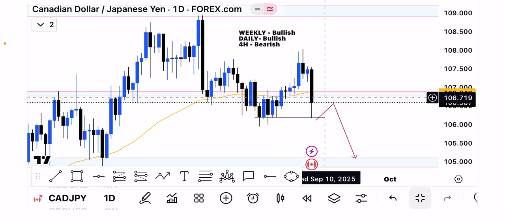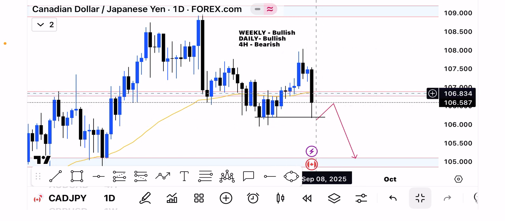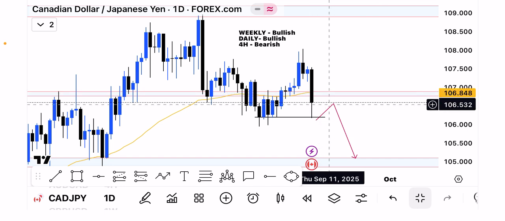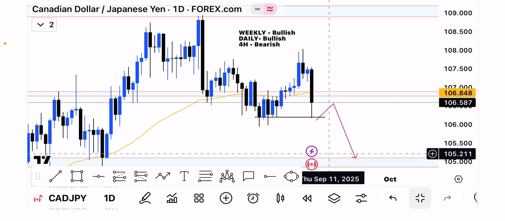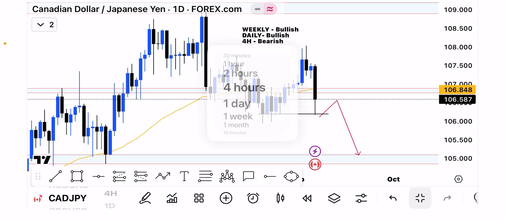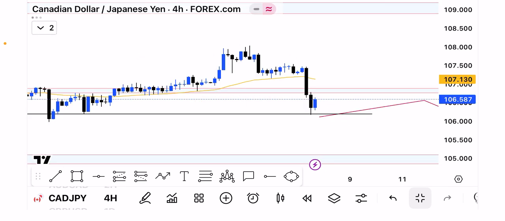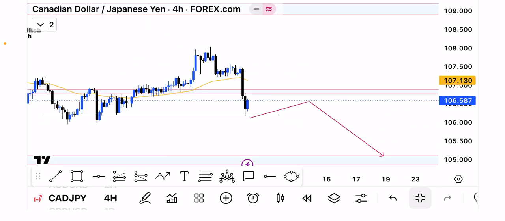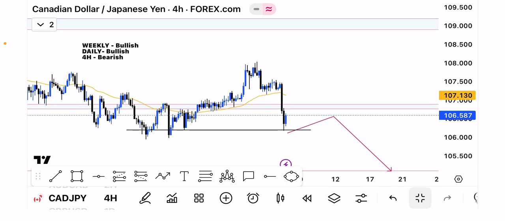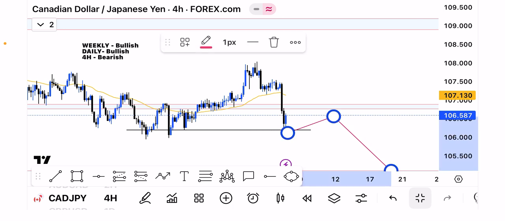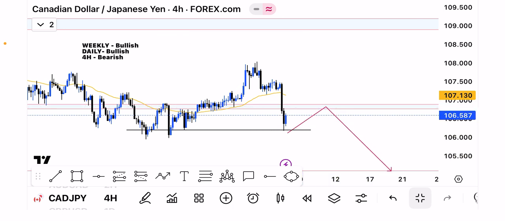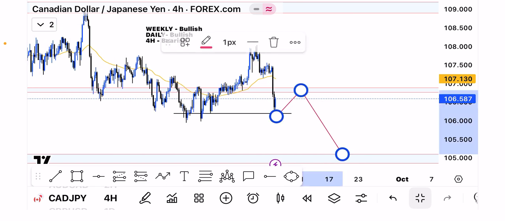And once it retests here, retests the EMA and the structure points, then I'll be looking to go short. On the 4 hour, 4 hour is bearish. You see. So once a candle closes below this line, then retests the structure points, I'll be looking to go short.